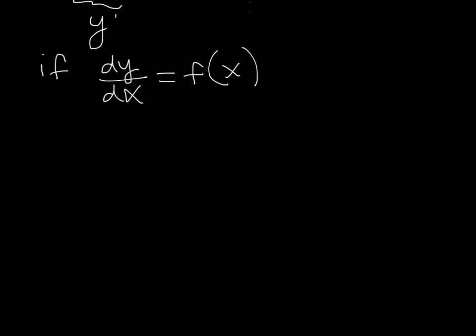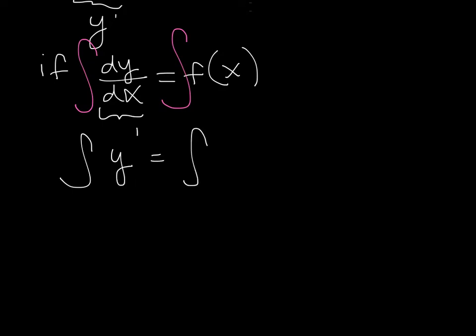So let's draw maybe my integral. I don't know. Let's make it pink, a little bit darker. So if I integrate both sides, there's my integral and there's my integral. Well, this guy, we really have the integral of y prime and the integral of f of x, but we really need a dx there.